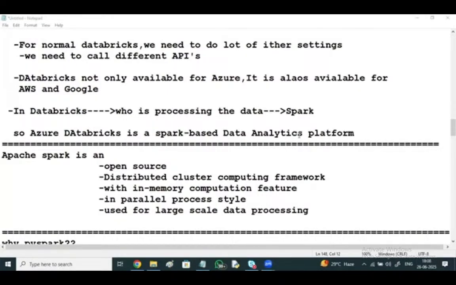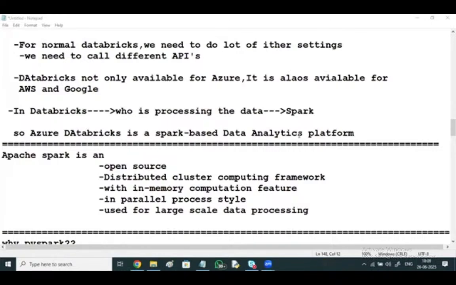Which order should you learn? Azure Synapse, Delta Lake, ADF, ADB, Delta. People who are going with ADF, right?